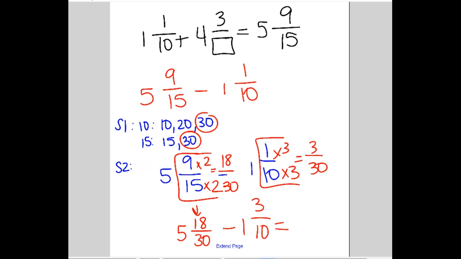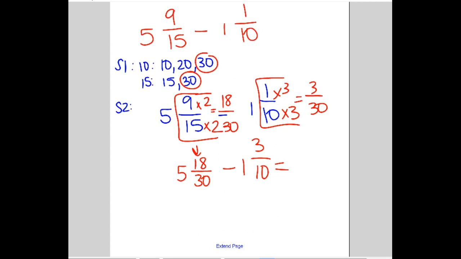Let's subtract. 18 minus 3 equals, what does that equal? 15, oops, that says 10. Sorry. So it equals 15/30ths. Oh, that looks promising. And then what do we have next? 5 minus 1 equals 4. So the 4 is a whole number.